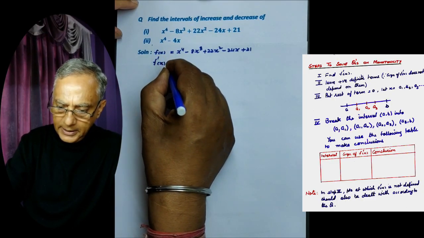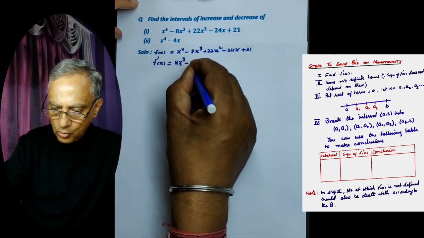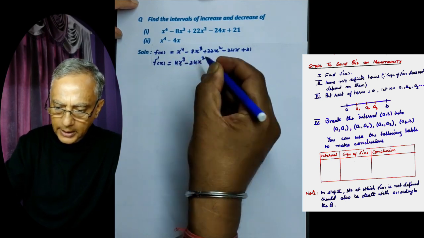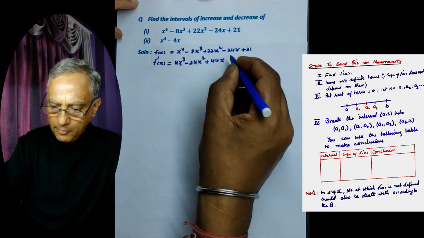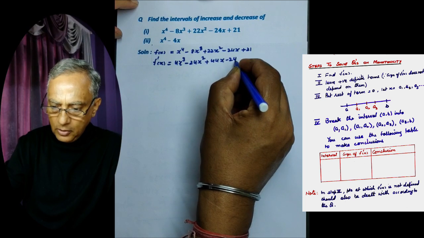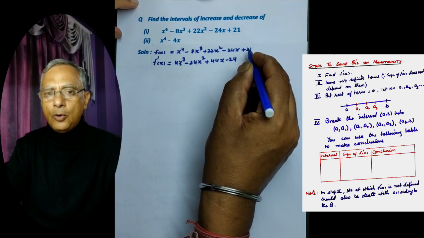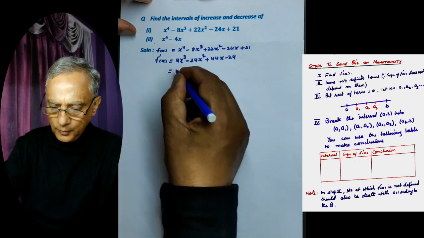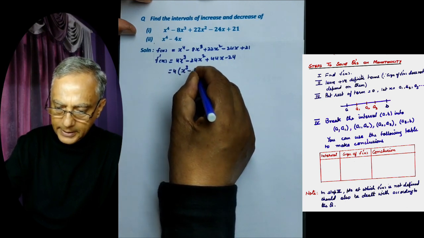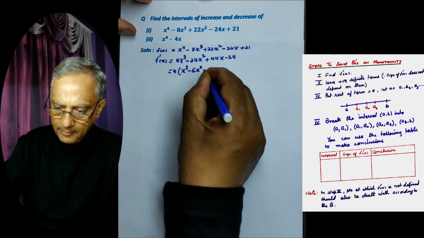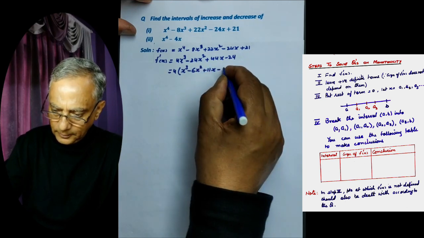F dash x is equal to 4x cube minus 24x square plus 44x minus 24, and derivative of 21 is 0. This is equal to 4 is common, we have x cube minus 6x square plus 11x minus 6.